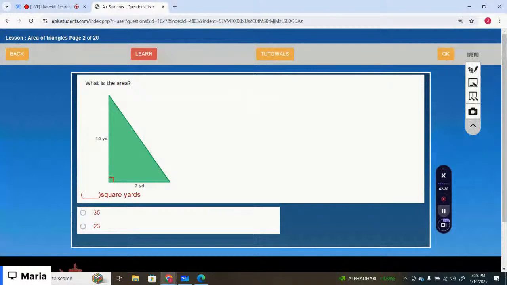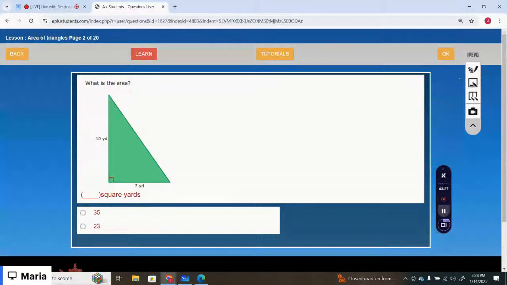What is the area? Which is the correct option? That is 35.